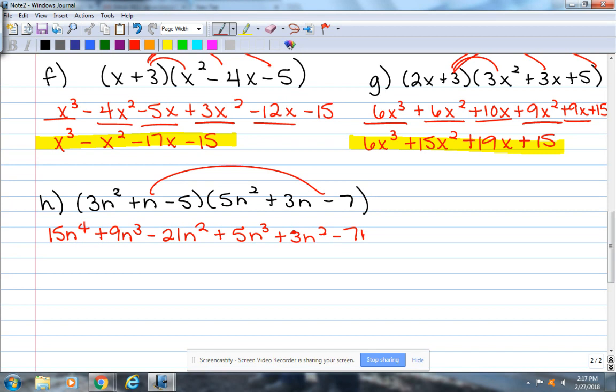Okay. And now what do we do? Negative 5 times all 3 terms. Negative 25n squared. And then negative 15n. Okay. And then 35, positive or negative? Yeah, positive, because a negative times a negative is a positive.